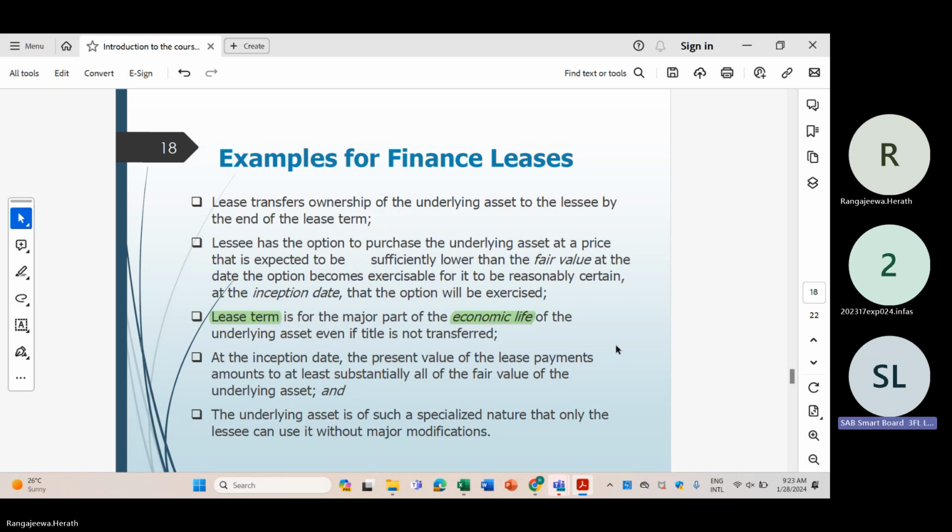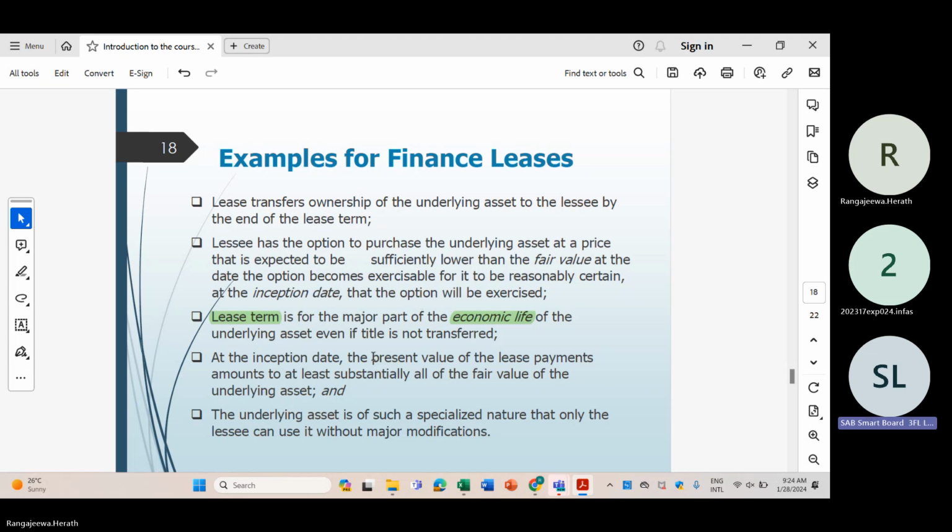It's a major part. Even 9 years. When you take machinery which can be used for 10 years and it is leased for 9 years, more than 90% of the economic benefit will be consumed by the lessee. It's a large majority, almost the entire useful life. So it's a finance lease.